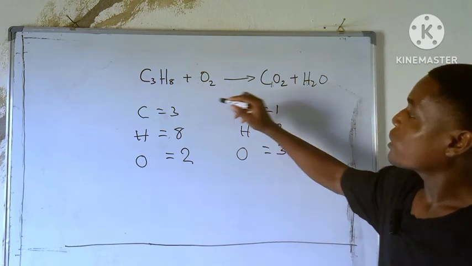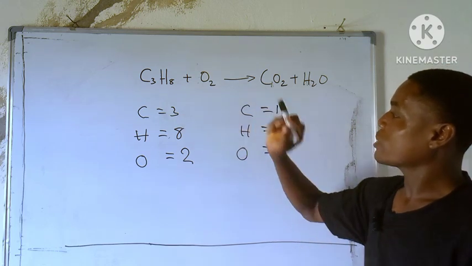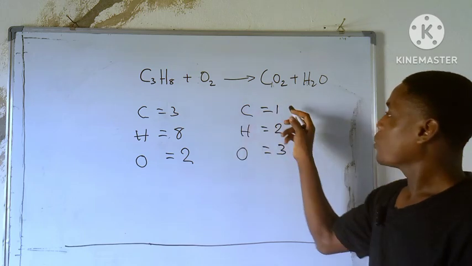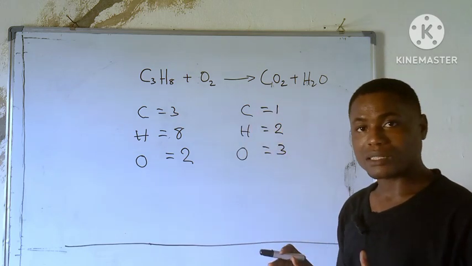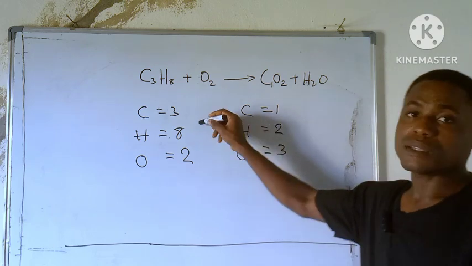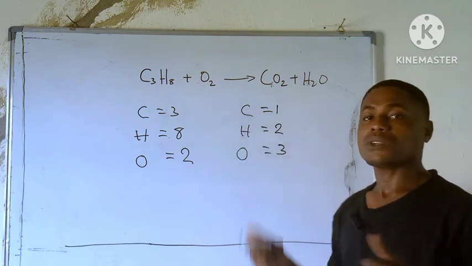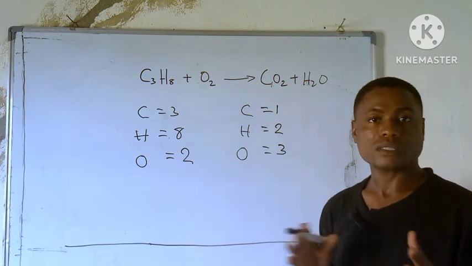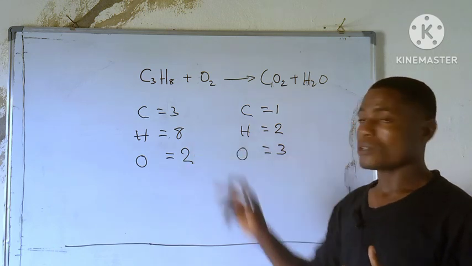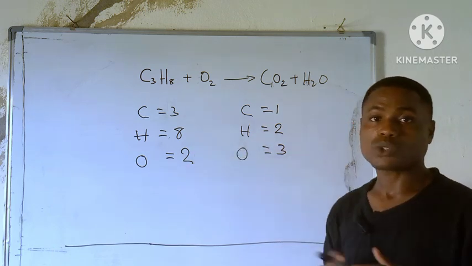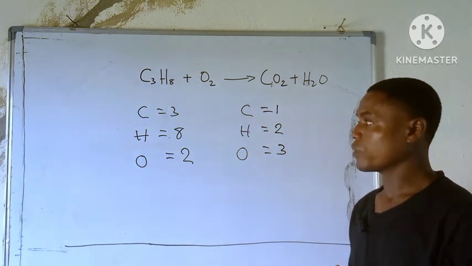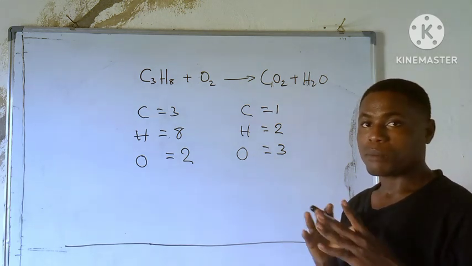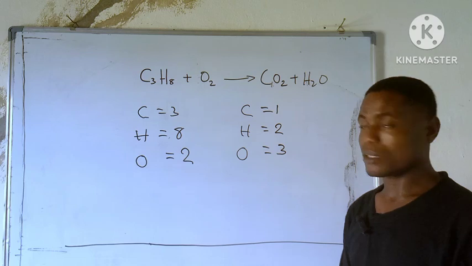So in carbon, if you have 3 atoms here at your left side, your right side too must be what? 3. If hydrogen has 8 atoms at your left side, your right side too must be what? 8 atoms. If it's 100 atoms, your right side too must be what? 100. They must be the same before that chemical equation is regarded as a what? Balanced equation. Are you getting it now?